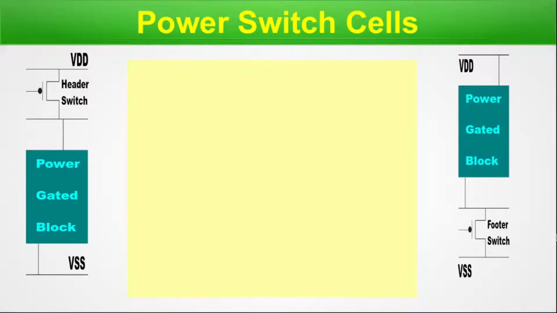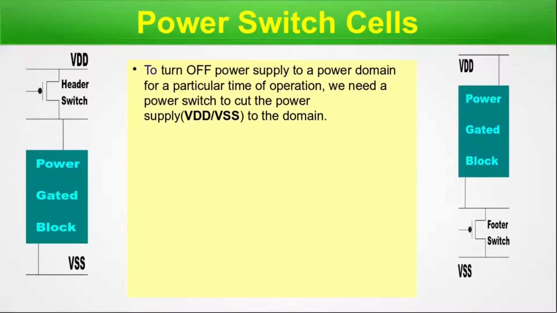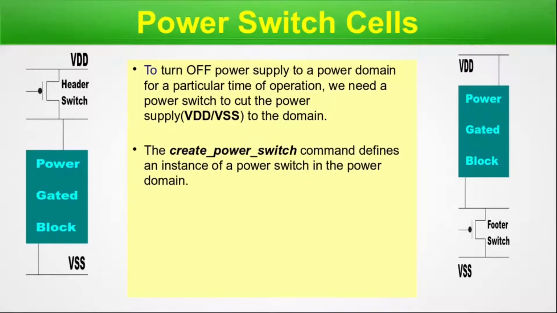To turn off power supply to a power domain for a particular time of operation, we need a power switch to cut the power supply, that is VDD or VSS, to the power domain. So this is the purpose we have our power switch cells. The create power switch command in UPF defines an instance of the power switch in the power domain.